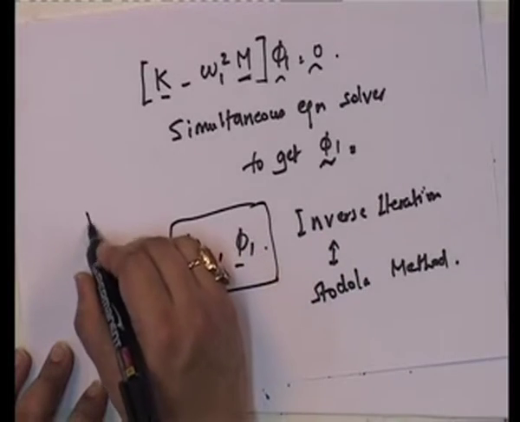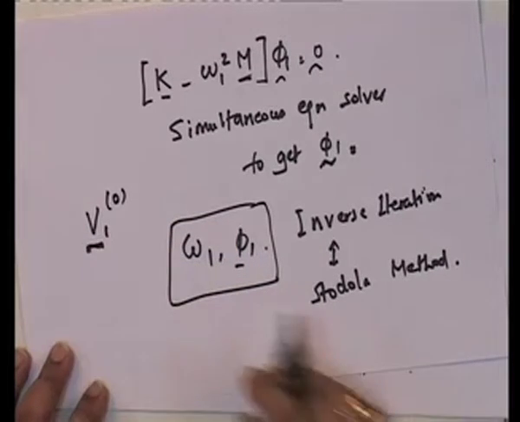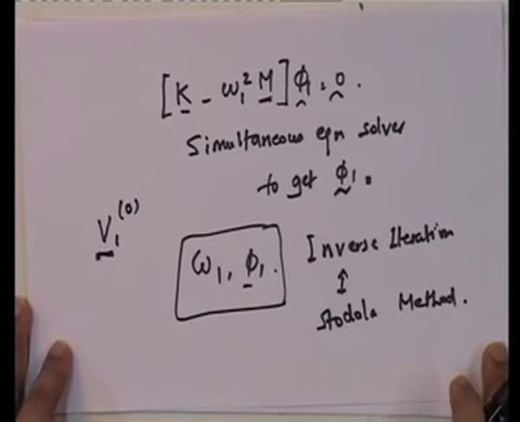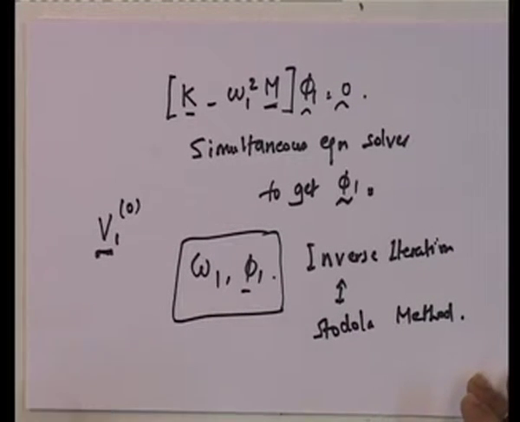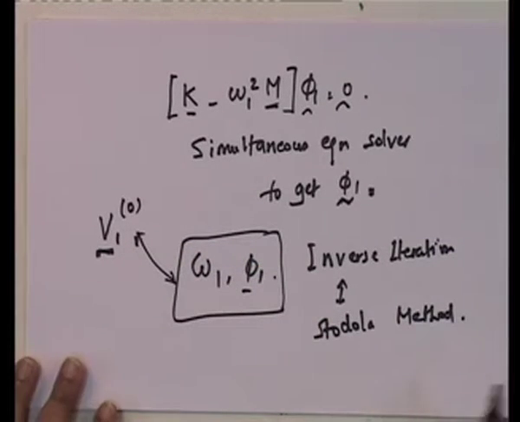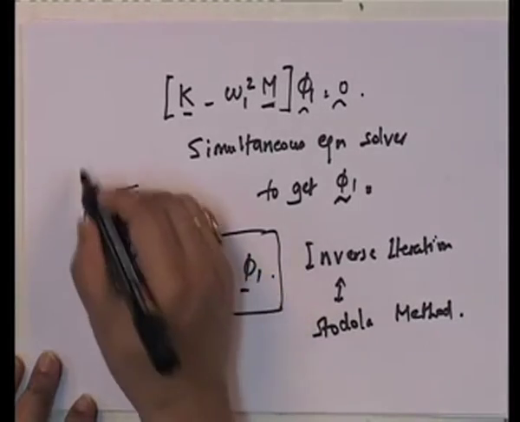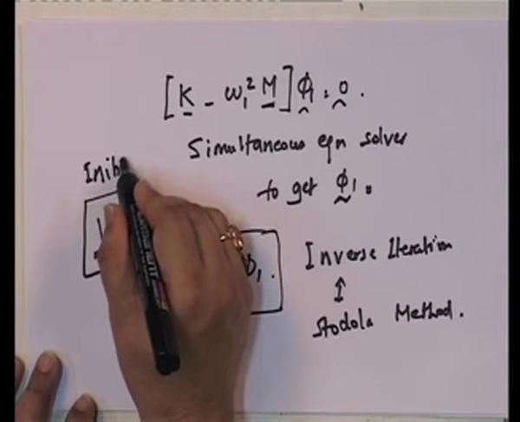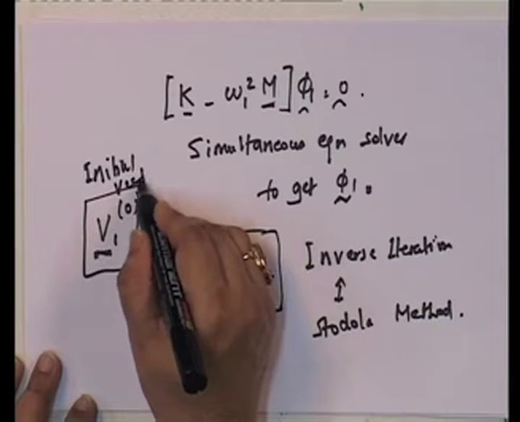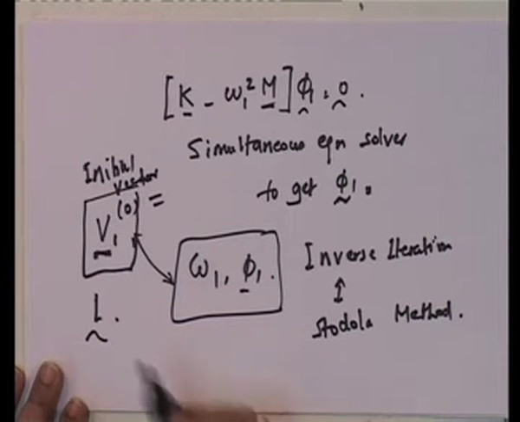whatever V1 you start from and you do the inverse iteration, you use the iterative procedure, you will always converge to this. It does not matter, it can be shown. It is just that if you use bad initial vectors, this is the initial vector, and this vector is chosen in any arbitrary fashion. For example, a classical initial vector is just a vector of 1s.